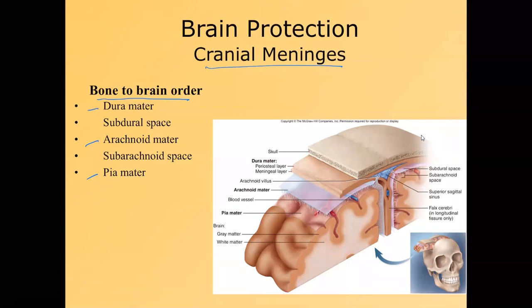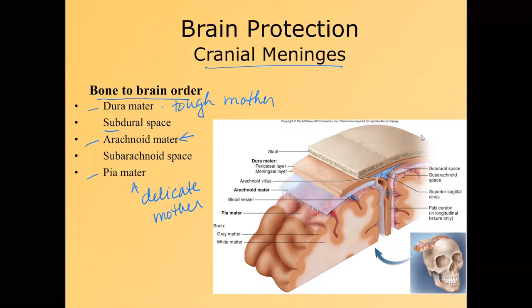The layers are the dura mater, the arachnoid mater, and the pia mater. Dura mater we usually refer to as the tough mother. Pia mater is the delicate mother. And the arachnoid mater is going to be the spider webby stuff in between.